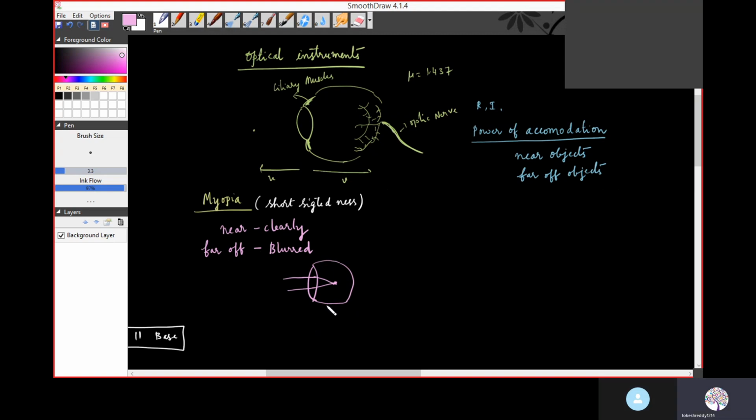So you need a diverging lens to be able to see the object more clearly. That means you have to use a concave lens, so that it diverges a bit and the image falls on the retina.